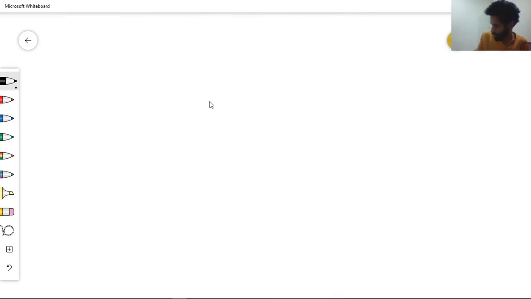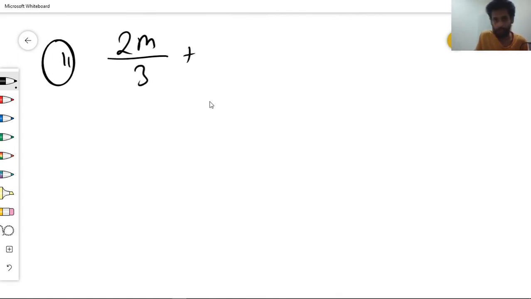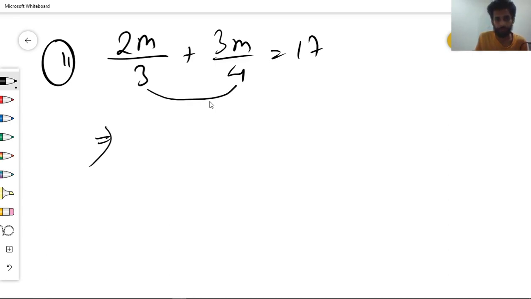Question number 3 now: twice m by 3 plus 3m by 4 is equal to 17. Here what we will do is find the LCM of these two parts, and this one is 1 here. So the LCM will be 12.